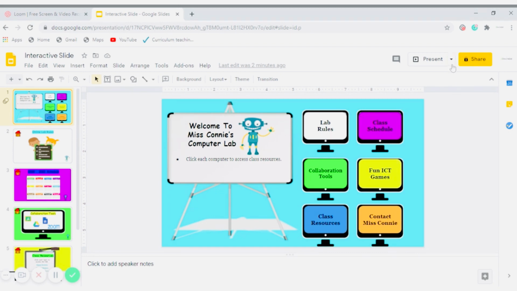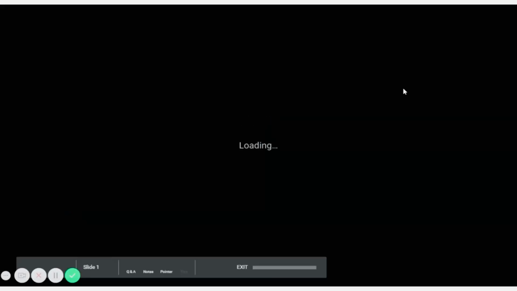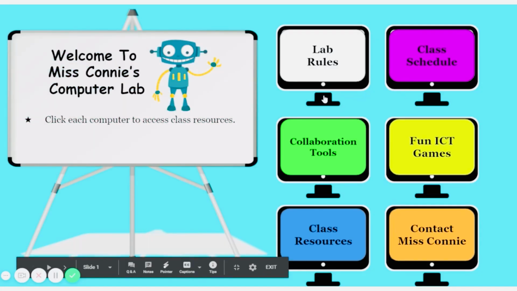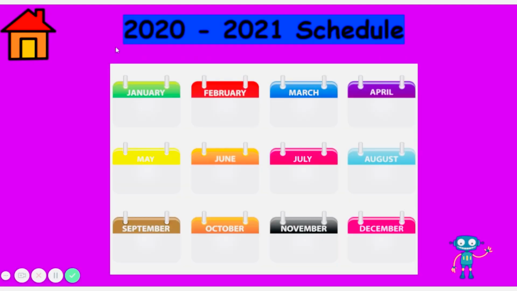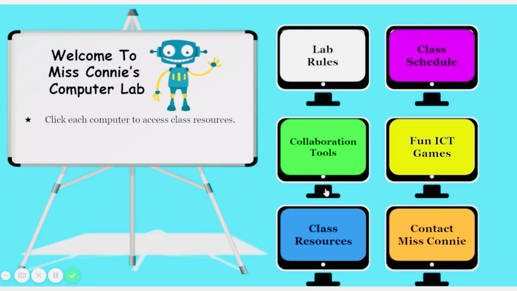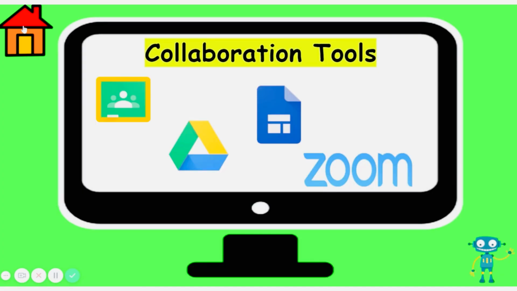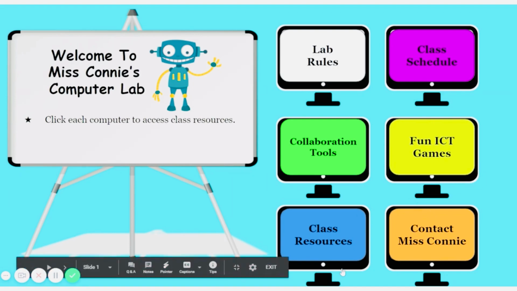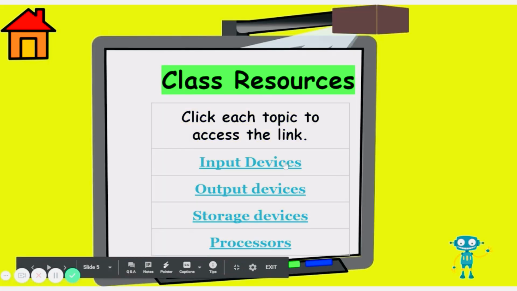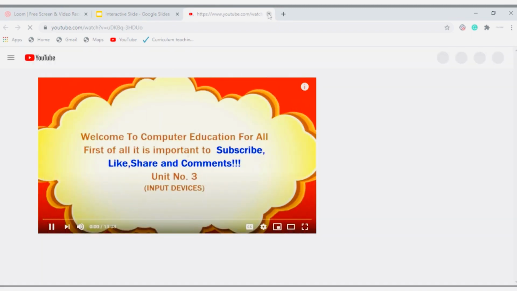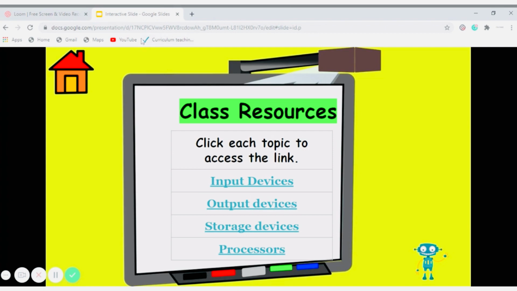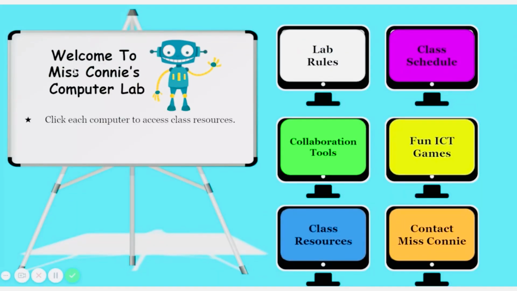Or they can use the present view to view it on full screen, and they can navigate the slides just the same. Go to home, schedule, home, collaboration tools, home, class resources. They can click on the link, go to YouTube, and that's how they will navigate. Go back, select home, and they're back to the home slide.